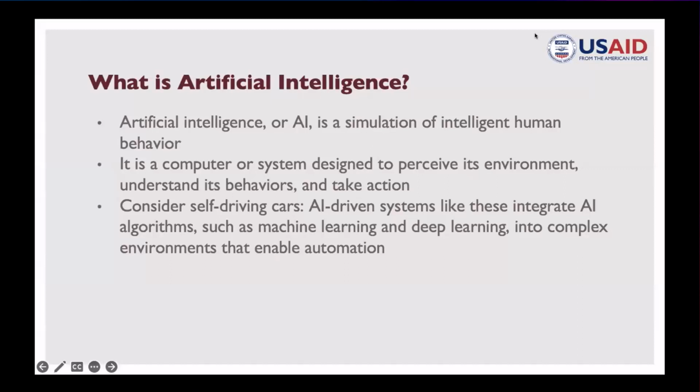But AI-driven systems like these integrate AI algorithms such as machine learning, which we will focus on later, and another branch of AI, which is deep learning, into complex environments that enable automation. So that's the thing here. We want to automate the system. We want to make manual processes easier by automating them using an approach wherein you imitate human intelligence.